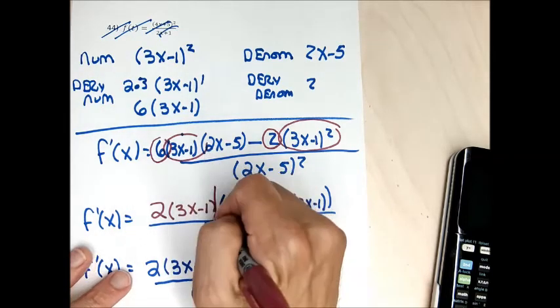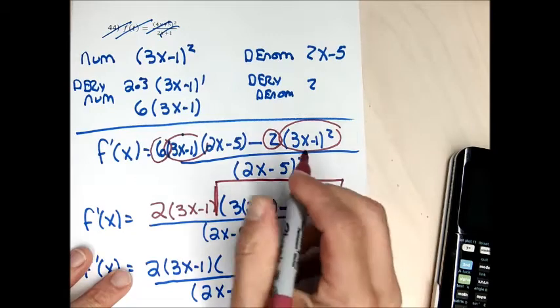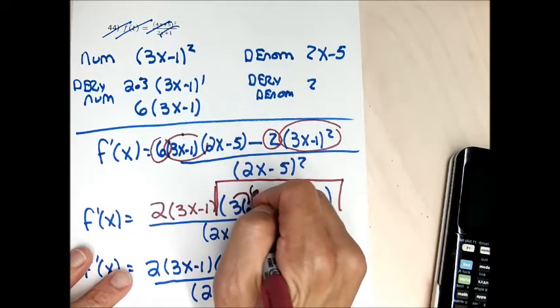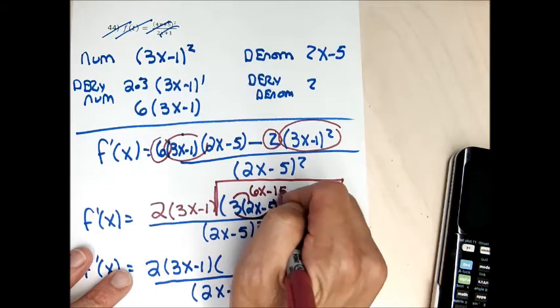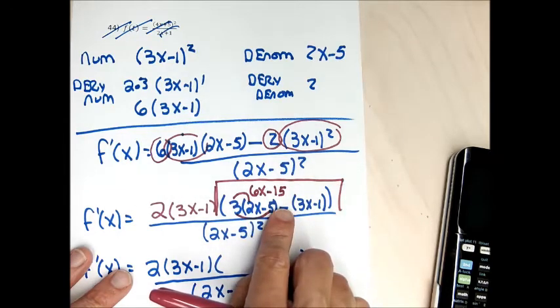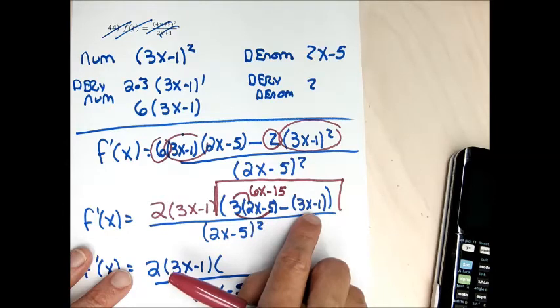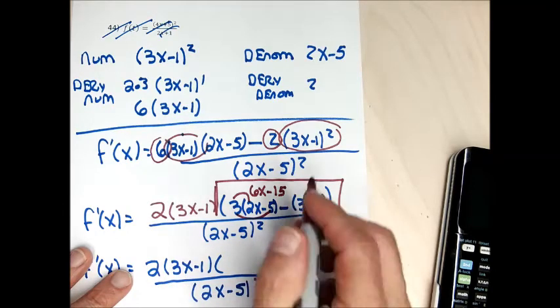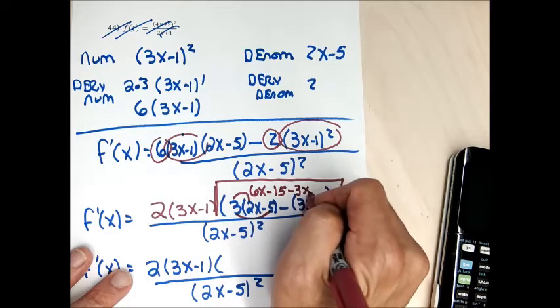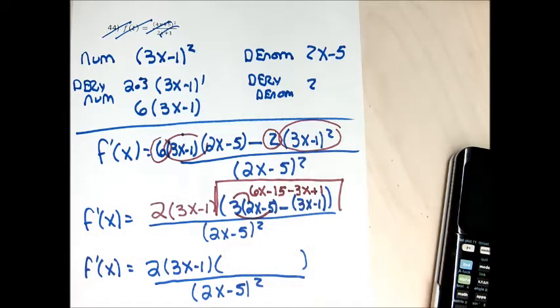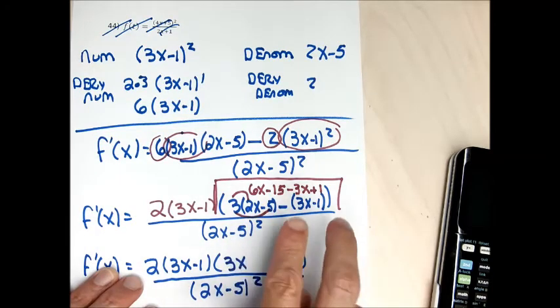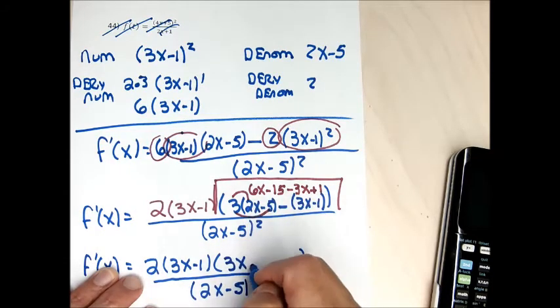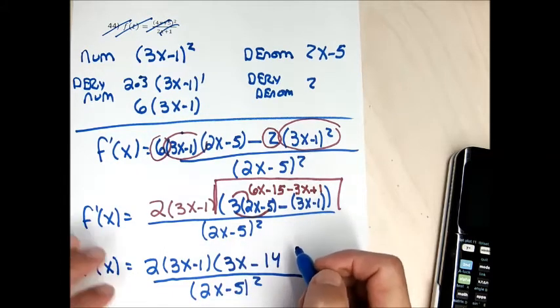Inside of this parentheses right here, I need to simplify by going 3 times 2x, 3 times minus 5, and then the minus in front of the parentheses is going to change both the 3x sign and the minus 1 sign. So this is going to turn into minus 3x and plus 1. So inside that parentheses, 6x minus 3x is 3x, minus 15 plus 1 is minus 14. This is the best answer.